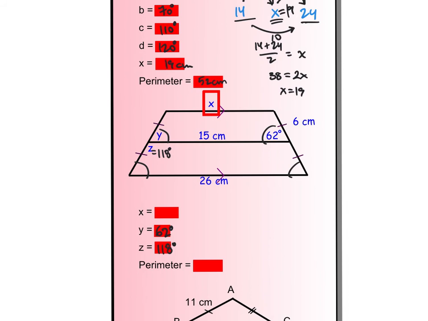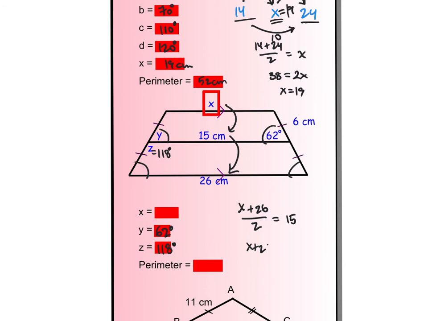Now, when we looked at the side lengths, again, we said that X and 26 add up and divide by 2 to give me my midsegment length. Therefore, X plus 26 divided by 2 is equal to 15. Or you could think of this as X plus something equals 15, 15 plus something equals 26.